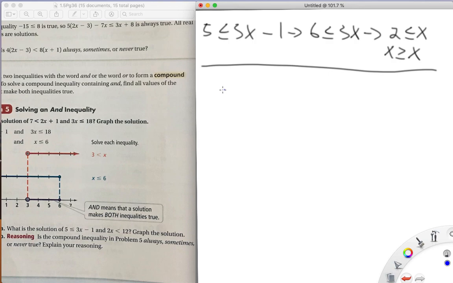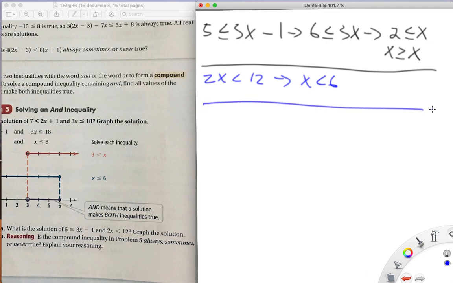Scenario number 2, they give us 2x is less than 12. We could divide both sides by 2. We can say that x is less than 6. So that's our second scenario.